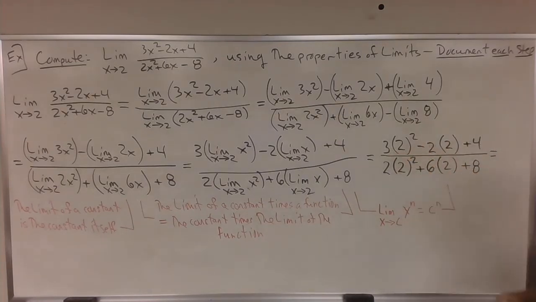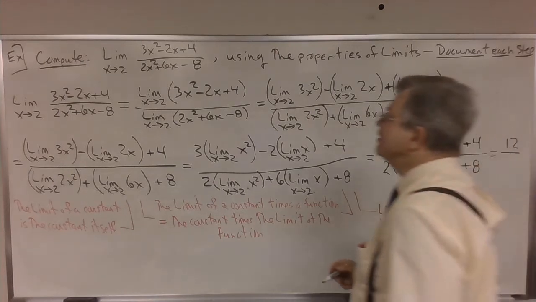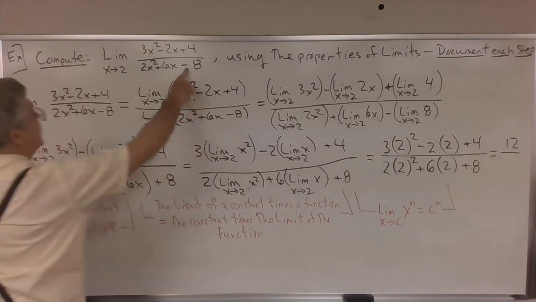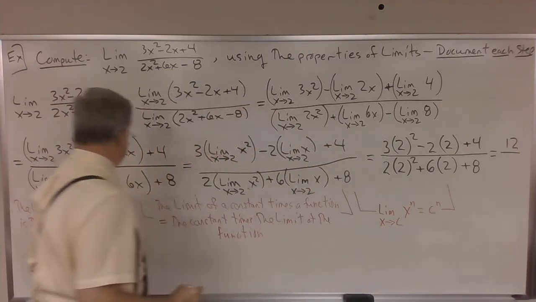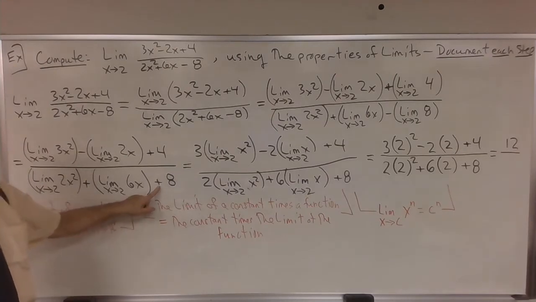4 times 3 is 12, minus 4 is 8, plus 4 is 12. Okay, 2 times 4 is 8, plus 12 is 20. Plus 8, son of a gun, I wrote plus where there should be a minus.